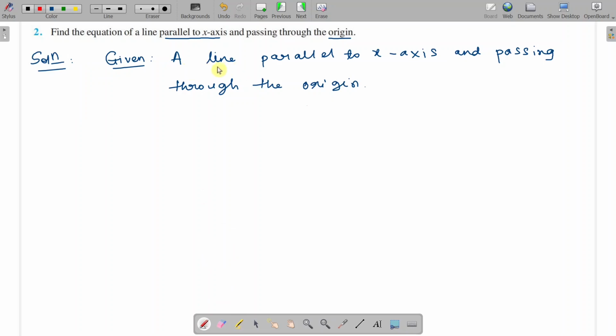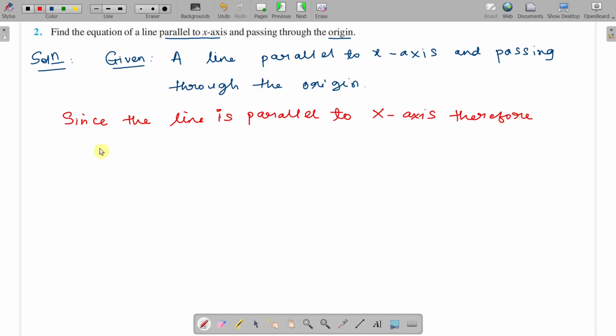Now let us take one by one the thing which is given to us here. So since the line is parallel to x-axis, this is what is given to us in the first part. Okay, now since the line is parallel to x-axis, right, therefore we get a vector which is in the direction of the line, and that vector is called as what?